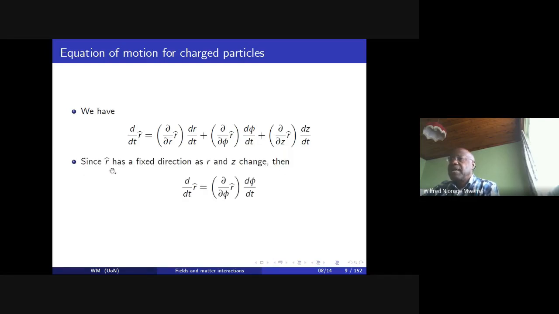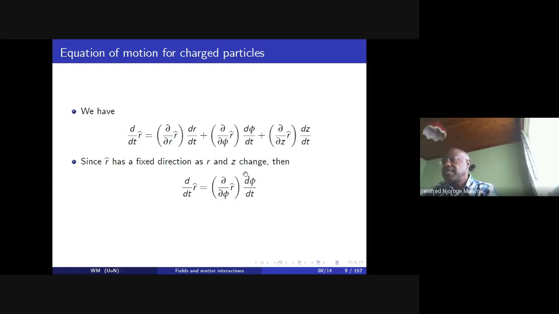And since r cap has a fixed direction as r and z change, this term here can be set to 0, and we can see that the d dt of r cap is just going to be given by d d phi of r cap multiplied by d phi dt.